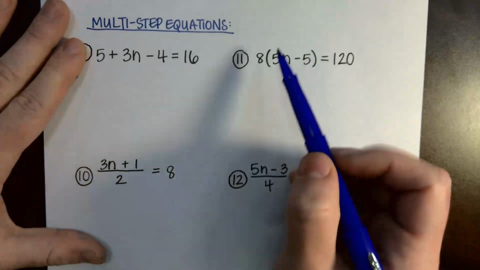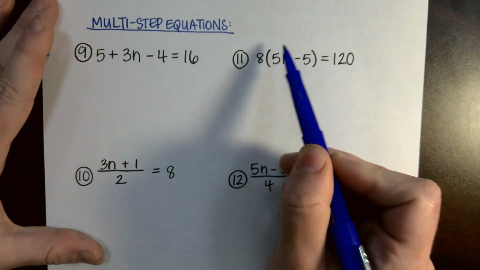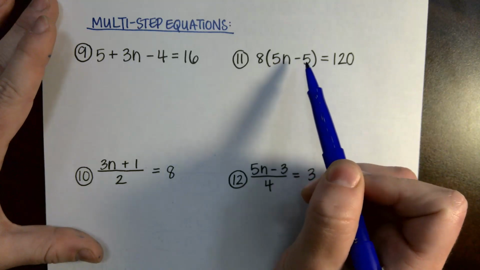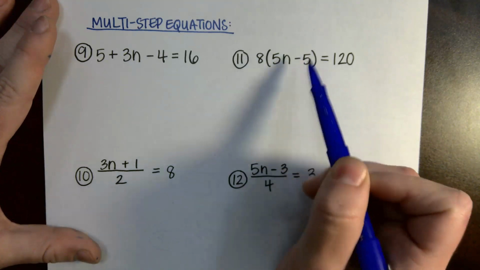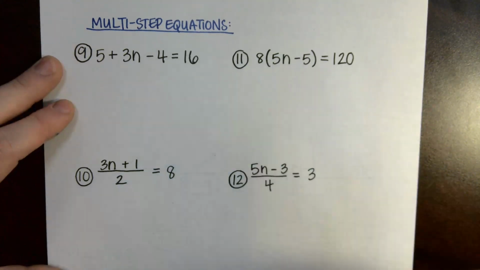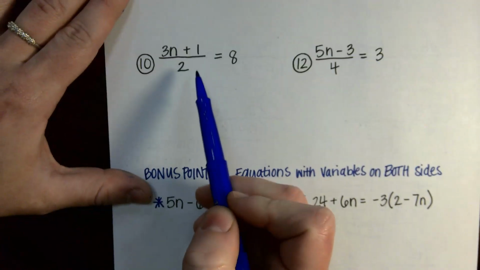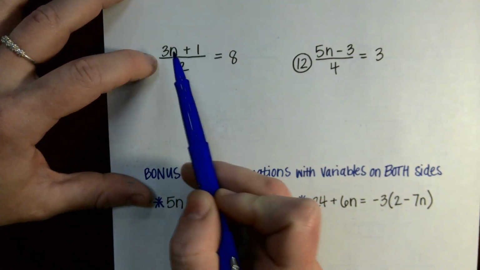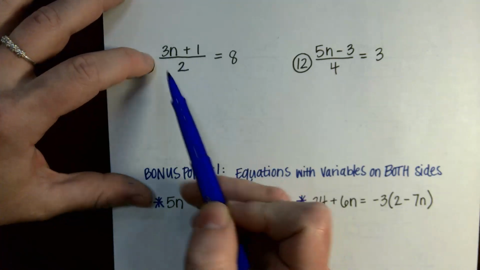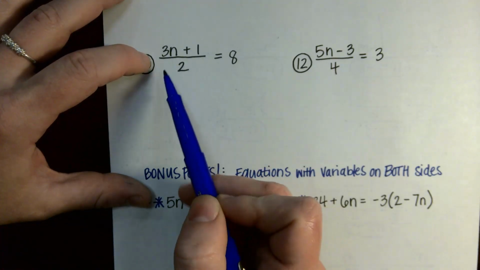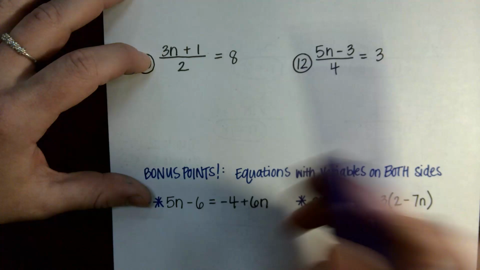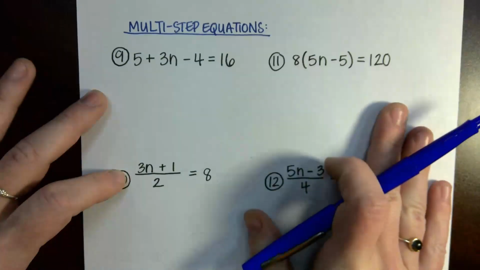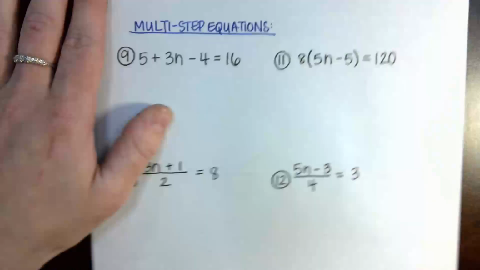So, remember, if we have something in parentheses, we have to get rid of the parentheses first, and we have a couple options for that. Or if you have a fraction where an entire quantity with addition and multiplication is over like 2, we got to get rid of that fraction first. So let's start with number 9, the first one.